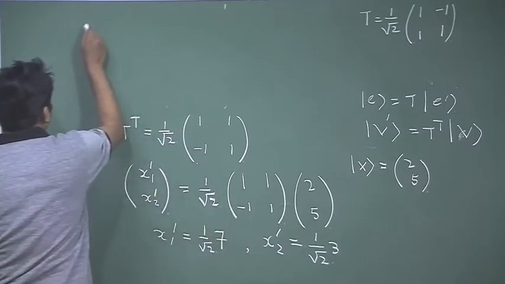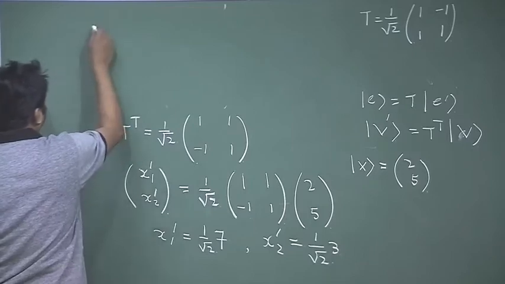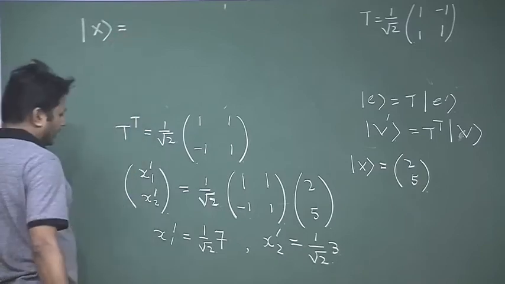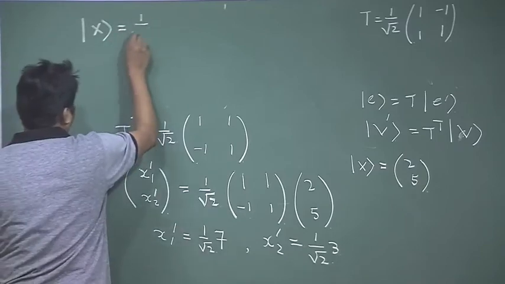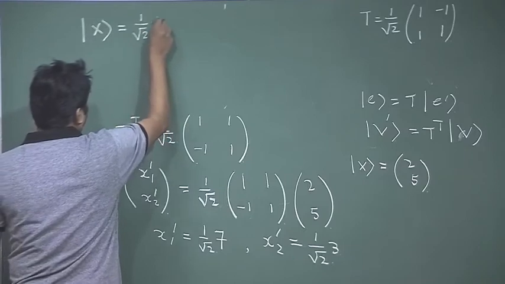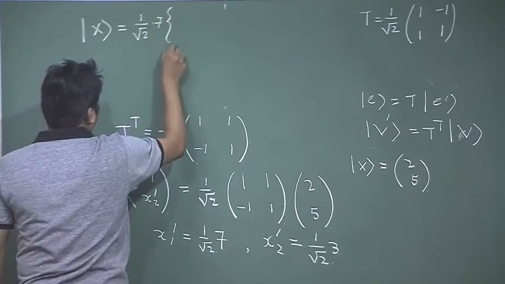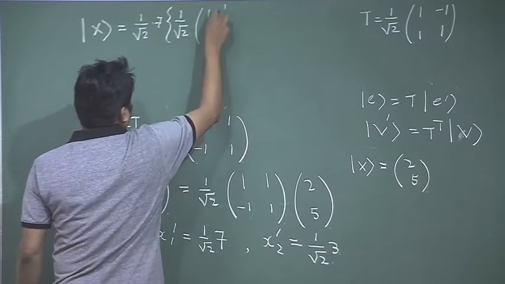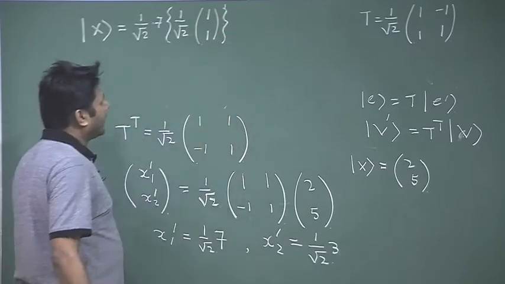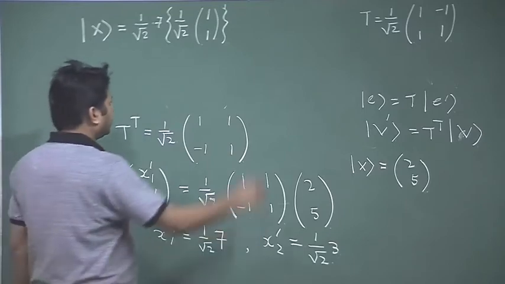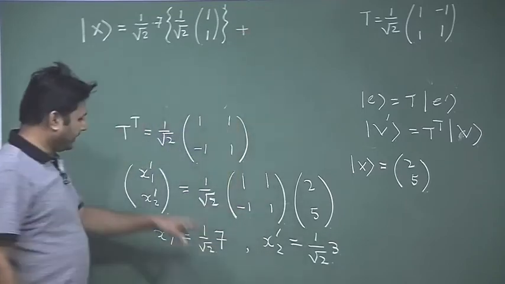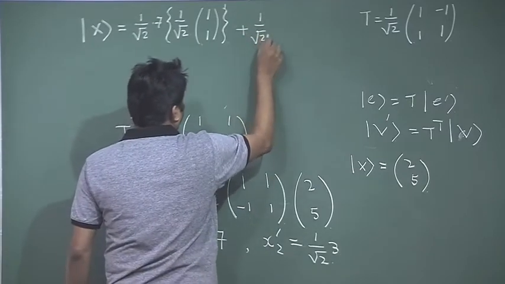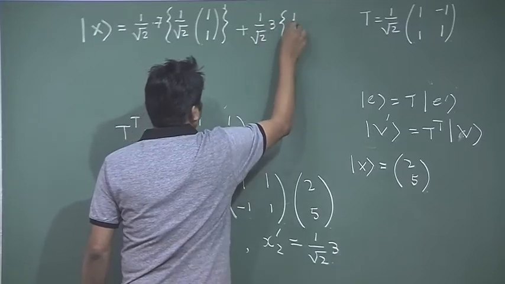So that means in the non-prime frame, if I write x, this will be the first component 1 by root over 2 multiplied by 7 into the basis, which is this, plus the next component which is this into the basis.